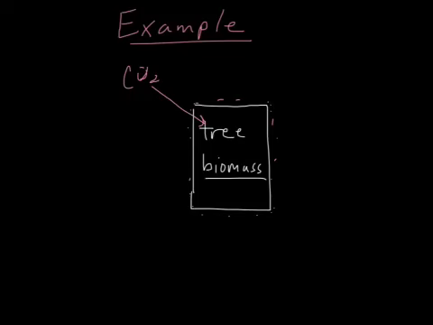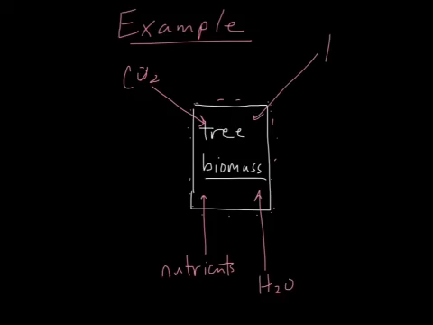And then coming up from the soil, which is another system actually, would be nutrients and water. And of course light would be coming in. And you'd have some heat coming in.